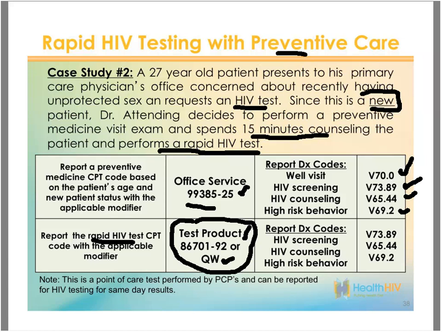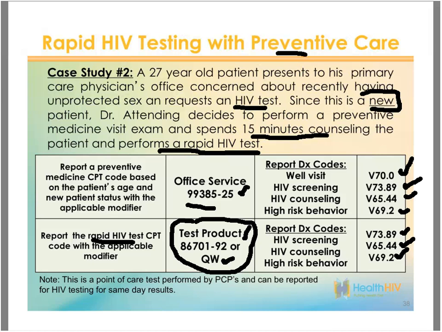The diagnosis codes that were linked to the rapid tests are V73.89, V65.44, and V69.2. Now, if your carrier advises you to report V70.0 as the principal for your rapid test, then that would be the instructions that you should follow.